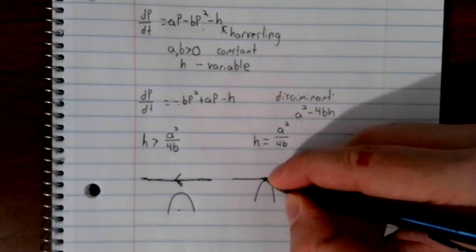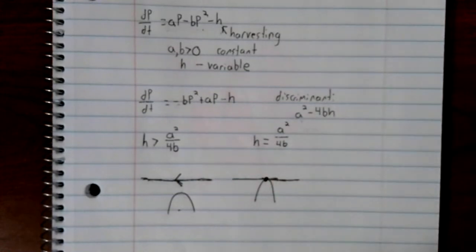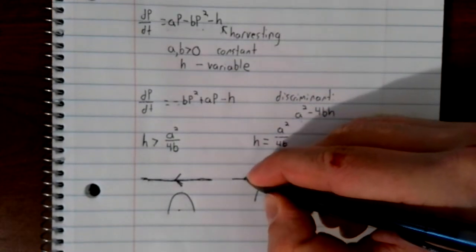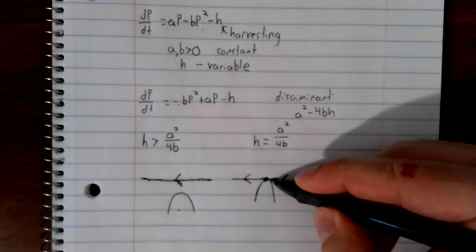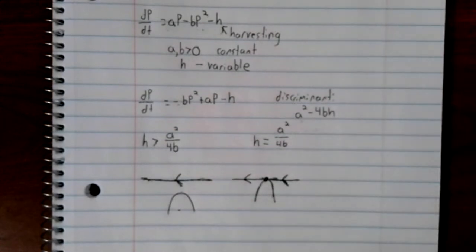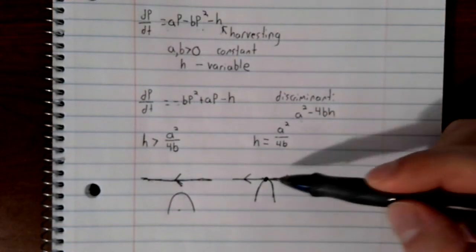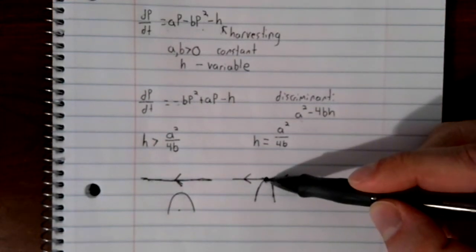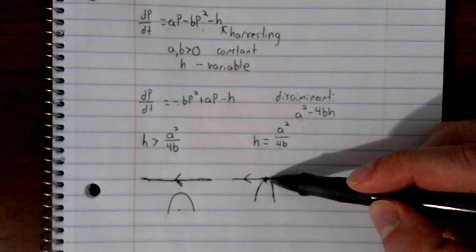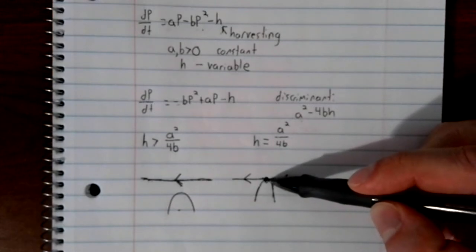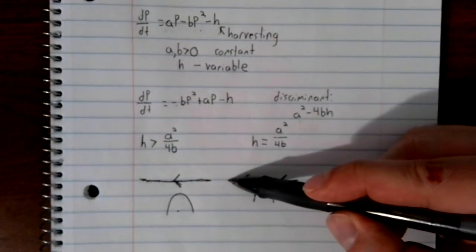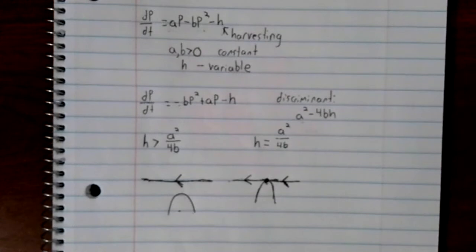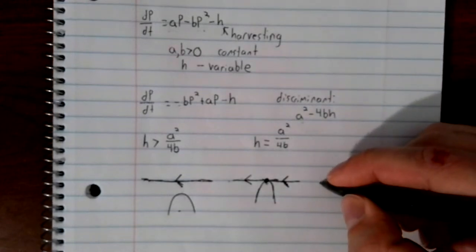Well, the derivative is 0 here, so we now have a fixed point, but the derivative is negative everywhere else. And you can see the fixed point is unstable. If a disease hits or anything happens that brings this population down a little, extinction will occur. That's not good.